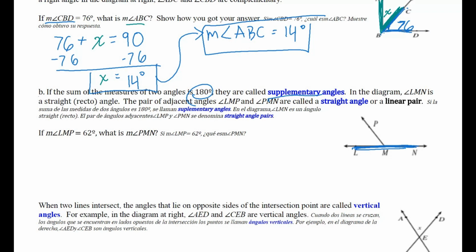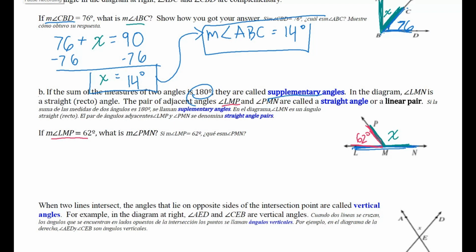The pair of adjacent angles, LMP, which I'll do in pink, LMP and PMN, which I'll do in green, PMN, are called a straight angle or linear pair. Now, if LMP is 62 degrees, what is the measure of angle PMN? So I'll call that X.